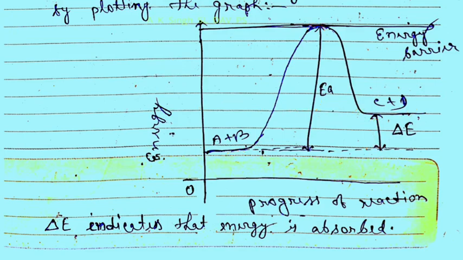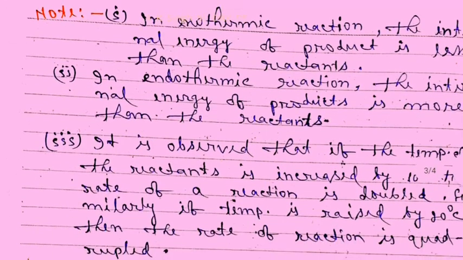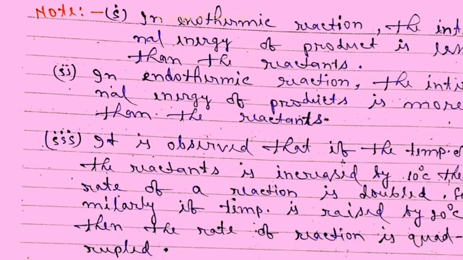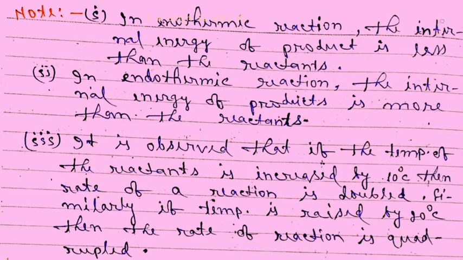Now next, see at first some important points. What are the important points here? That is written note. In exothermic reaction, the internal energy of the product is less than the reactants.